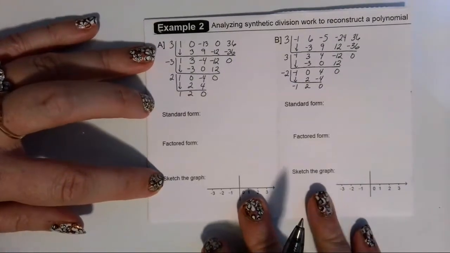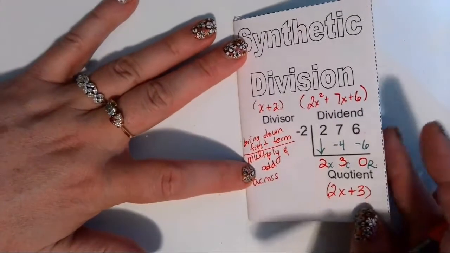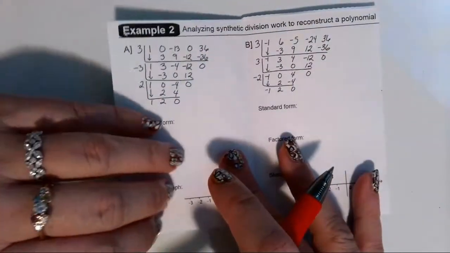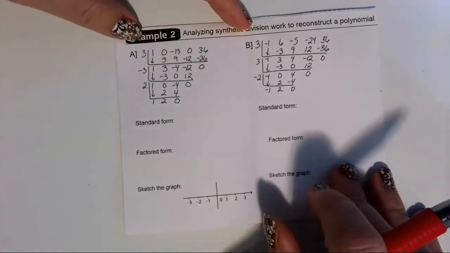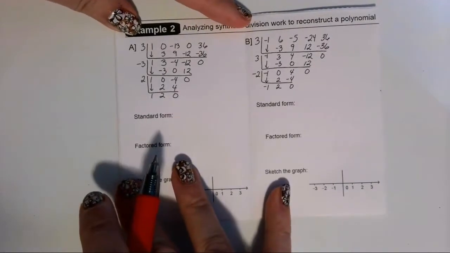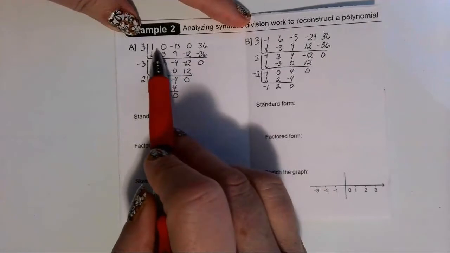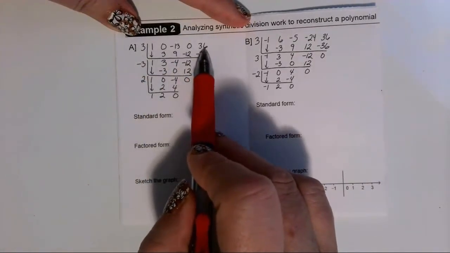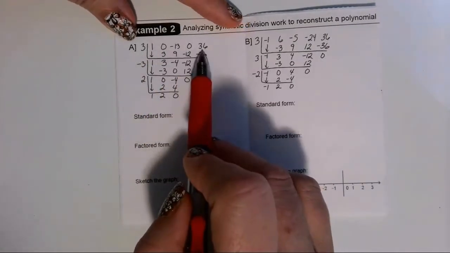Okay, so welcome back to our notes for synthetic division, and in this video we're looking at example 2, which is analyzing synthetic division work to reconstruct a polynomial. So if you recall, the top row of your synthetic division work is showing you the coefficients on the polynomial in standard form.